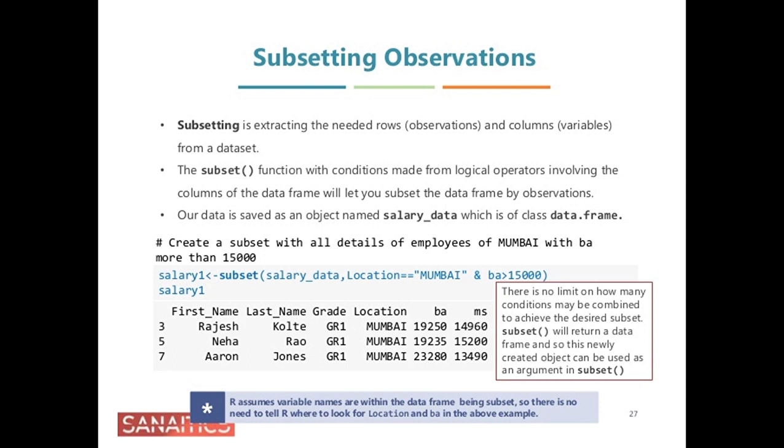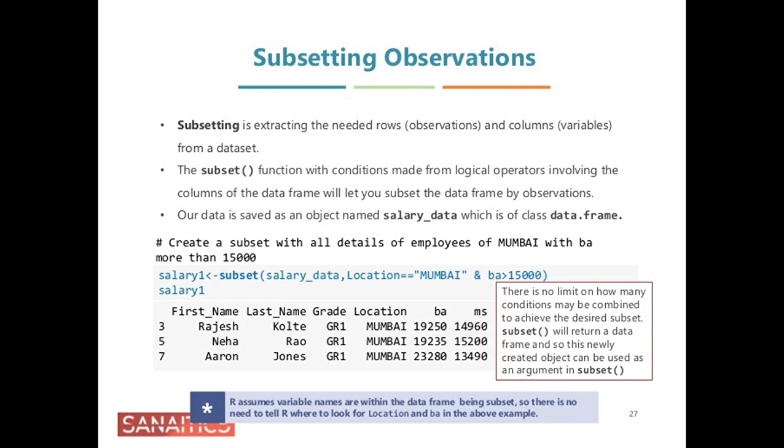Our data is saved as an object named salary_data, which is of class data.frame. There is no limit on how many conditions may be combined to achieve the desired subset. Subset will return a data frame, and so this newly created object can be used as an argument in subset.